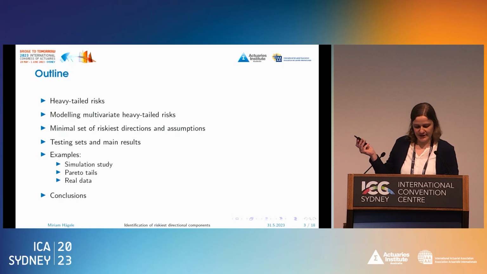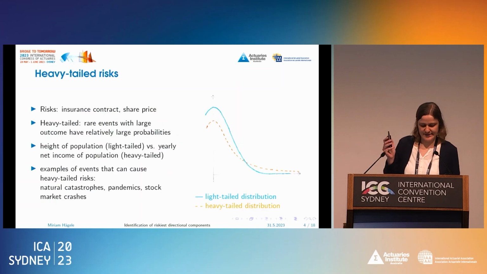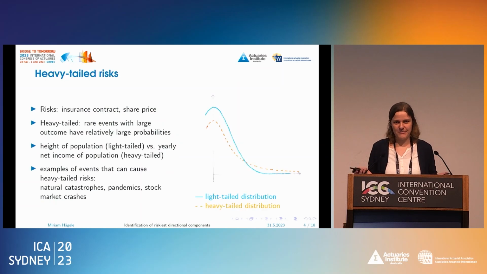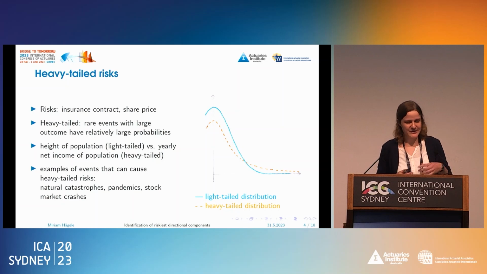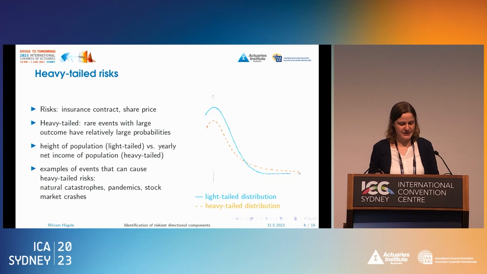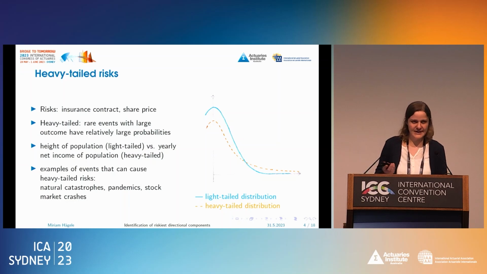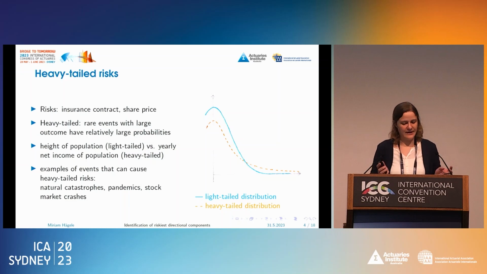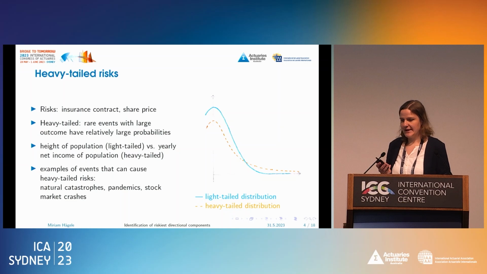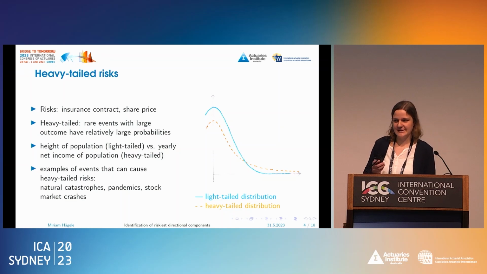Let's start with what are heavy-tailed risks. For example, in insurance, we would have insurance contracts which are kind of risks, and in finance, share prices. But heavy-tailed means that, roughly speaking, rare events with large outcome have a relatively large probability.